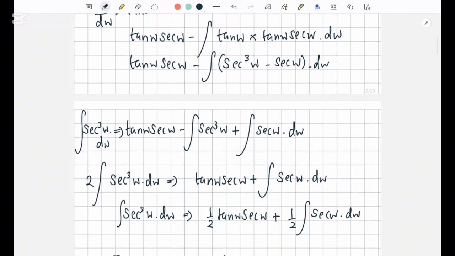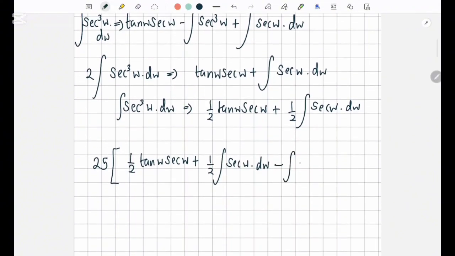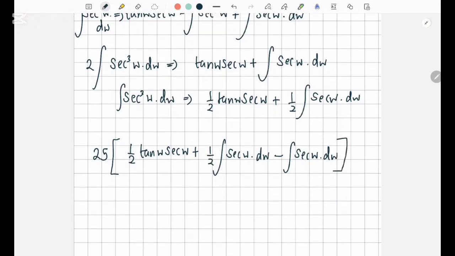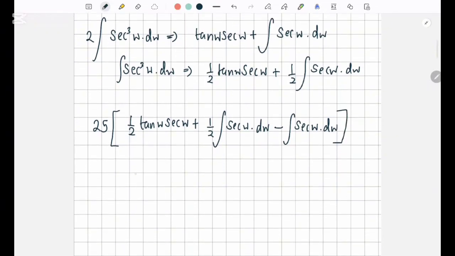Minus the integration of sec w, like that. Now let's focus on the terms we have inside the brackets. So it's half tan w sec w plus half, sorry, it's half minus 1, right? So you could write minus half into sec w dw.